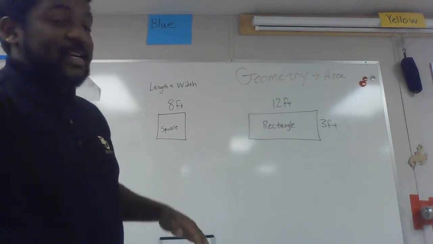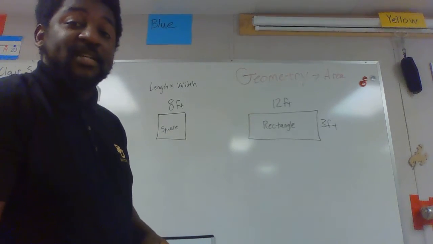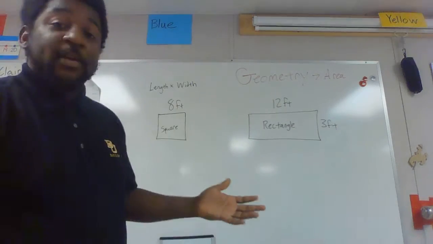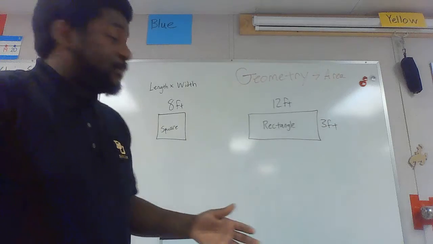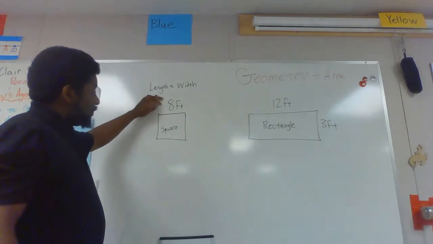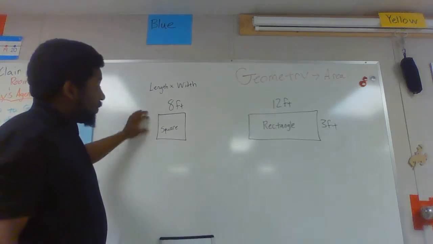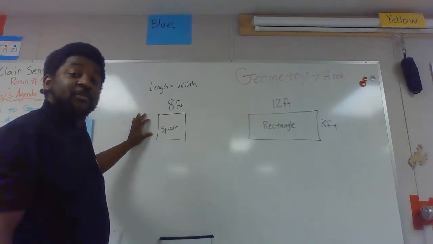When you're talking about squares and rectangles, it doesn't really matter which one you say is the length, which one you say is the width, because there's really only two dimensions for each one of these. For a square, this one side is 8 feet, which means the other side over here, the width, should also be 8 feet.